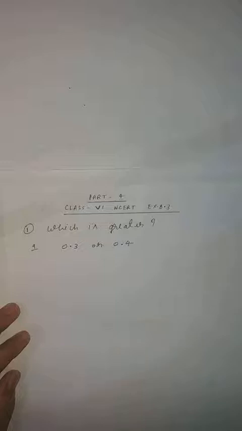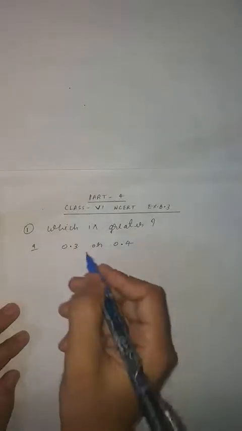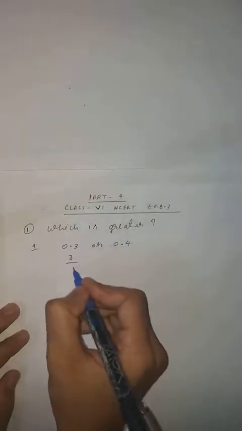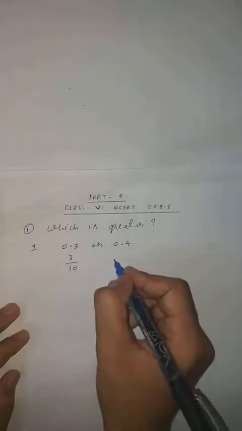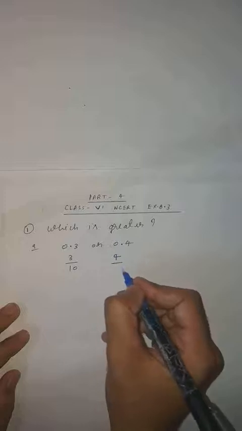And if after the decimal two digits are given, you have to divide by what? 100, because you know that if after the decimal there is only one digit, simply you have to divide by 10. So you can write 3 upon 10. Similarly, this one you can write 4 upon 10.